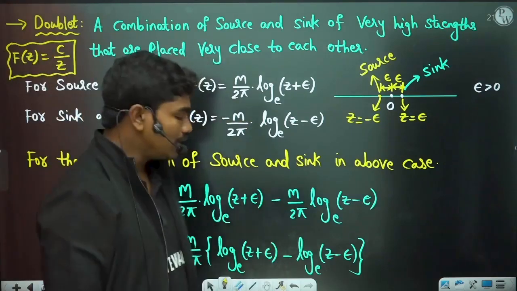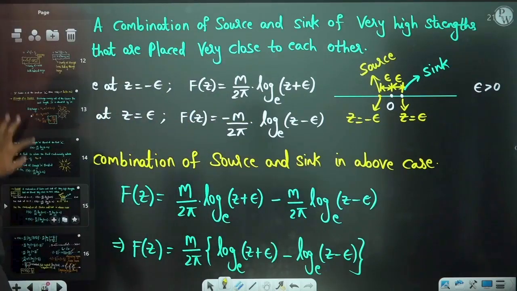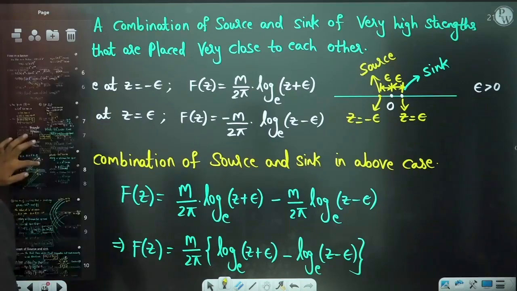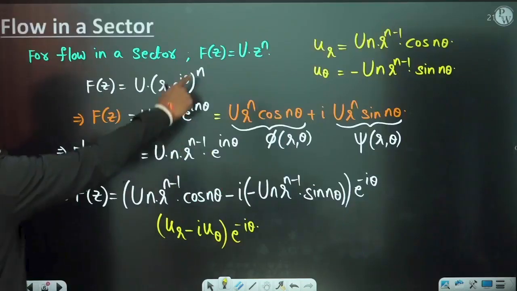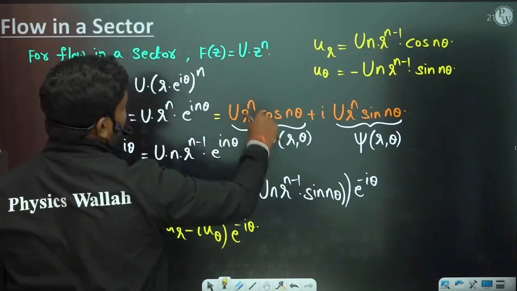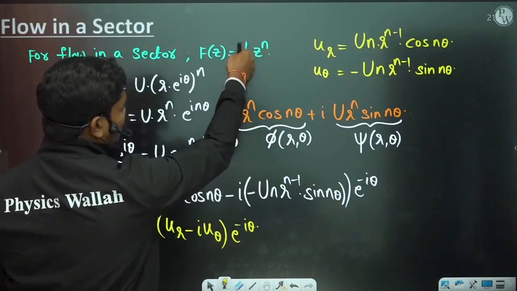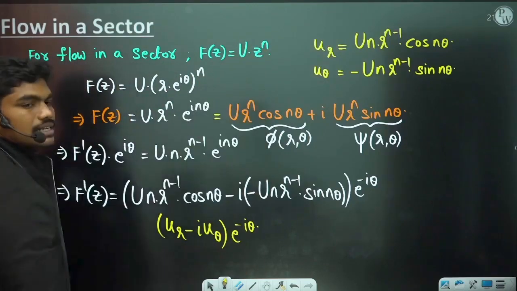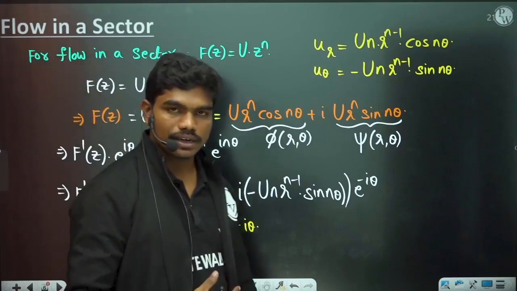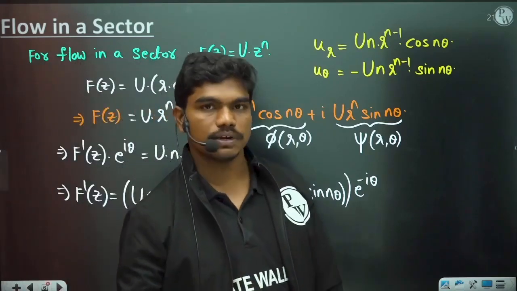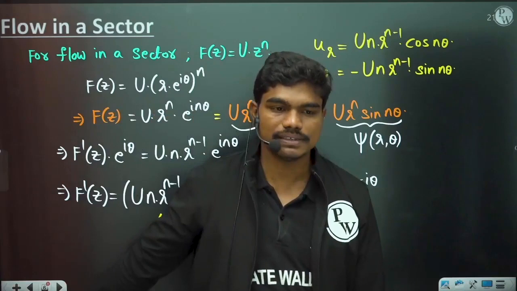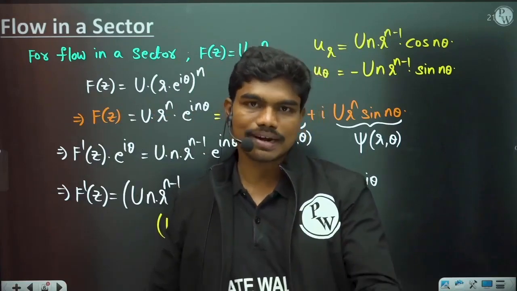You can understand this in the function f of z equal to u times z power n. If you put n equal to -1, then you will get u, basically some constant, divided by z. So that's how we get the doublet when n equal to -1. That's the case I thought of discussing previously, but now you will be in a better position to understand.